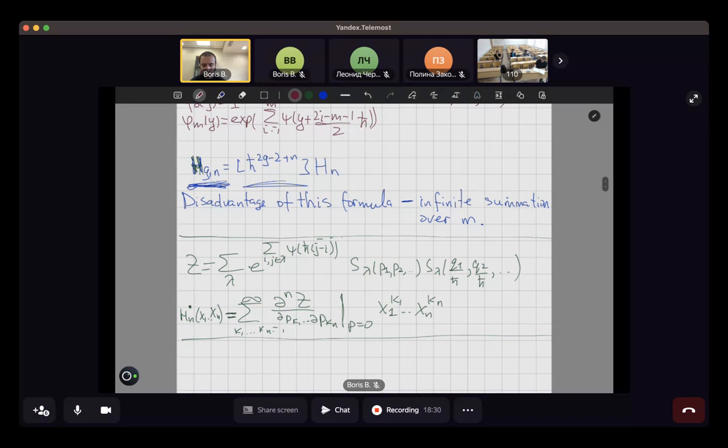So D_1 ... D_n h_n bullet is equal to just the sum over m_1, ..., m_n from 1 to infinity of the product of x_i to the power m_i, times the correlator.